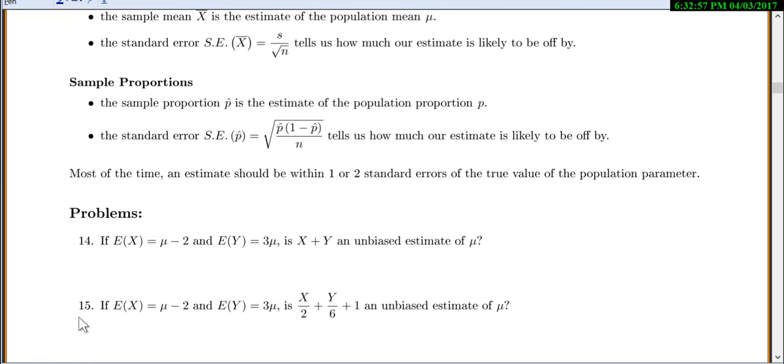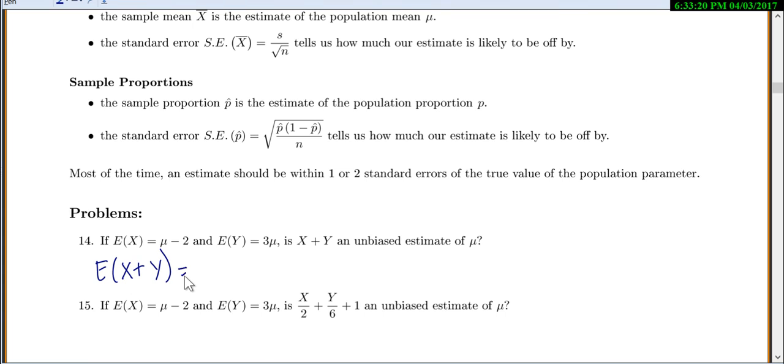Let's try problem 14 here. If the expected value of x is equal to mu minus 2, and the expected value of y is equal to 3 mu, is x plus y an unbiased estimate of mu? To see if it is, you have to look at the expected value of your estimate. What's the expected value of x plus y?